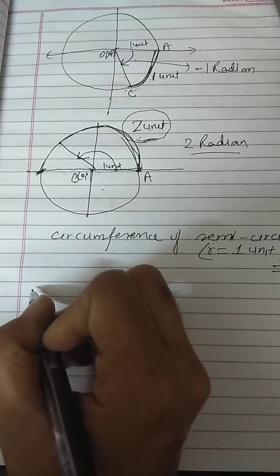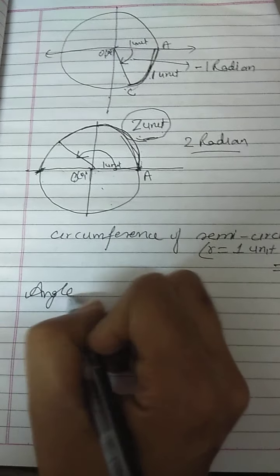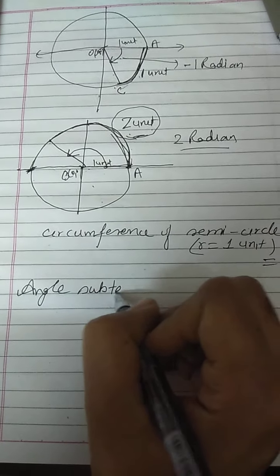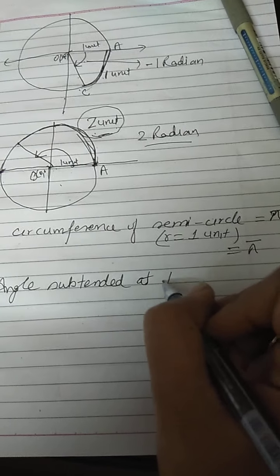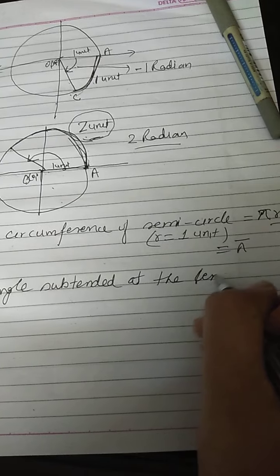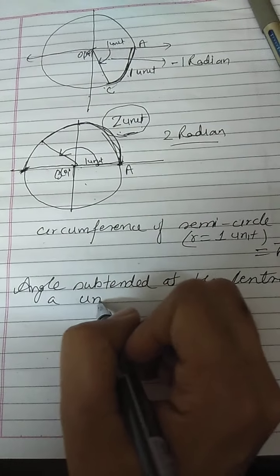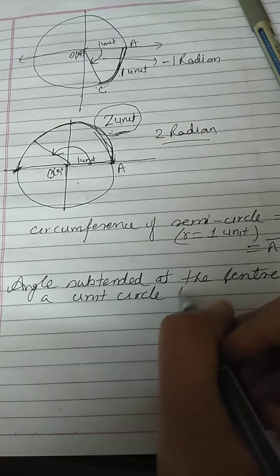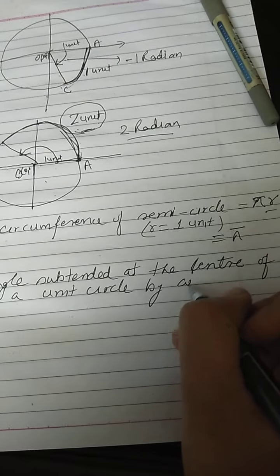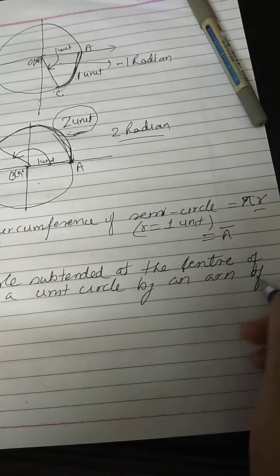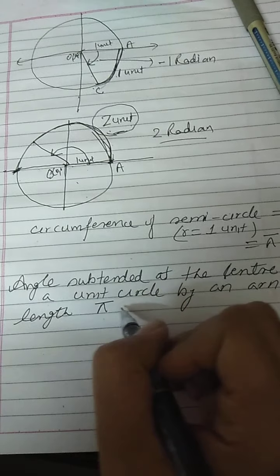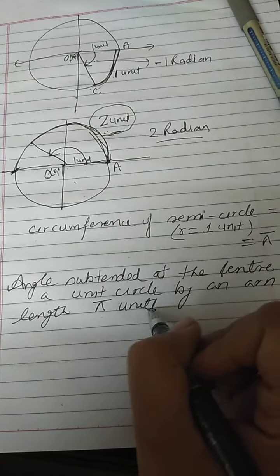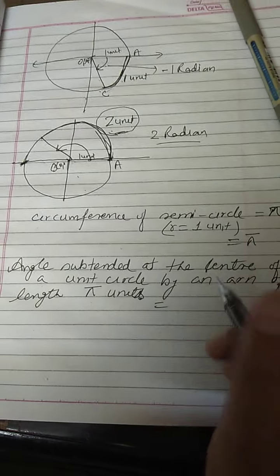So I am writing here: the angle subtended at the center of a unit circle by an arc of length pi units will be equal to what? What will be the angle?